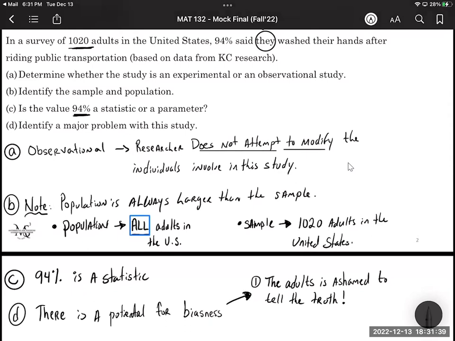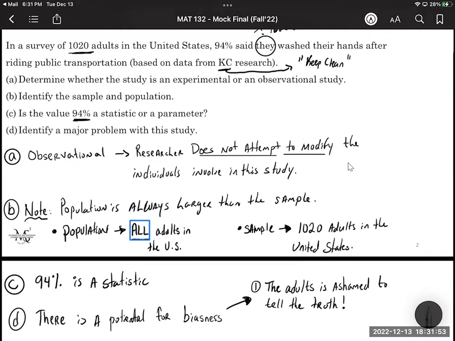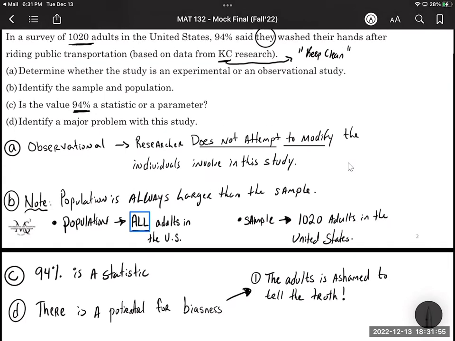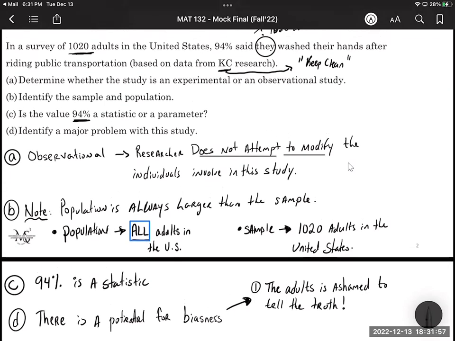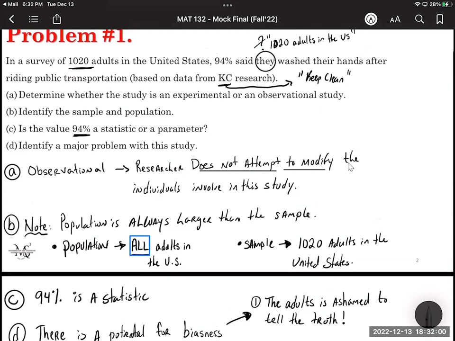There's a second reason why. So going back to this KC research, let's say that this KC, by the way, this KC stands for keep clean. Keep clean. Why would there be a potential for bias if the research comes from a company called Keep Clean?